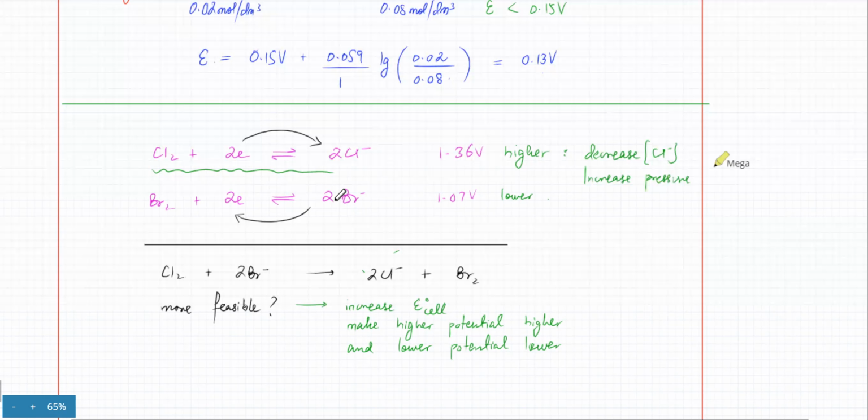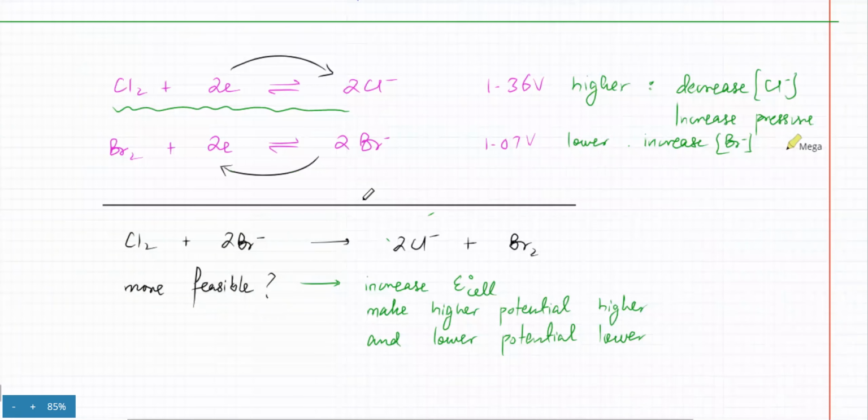And the lower potential, we need to make it even lower. We need to make it move in the backward direction. So how can we do that? What we can do is increase Br minus concentration, or we could decrease Br2 aqueous concentration.